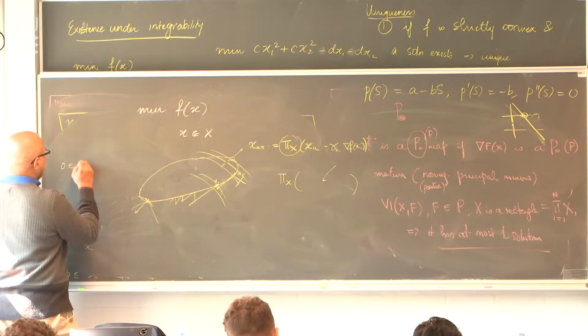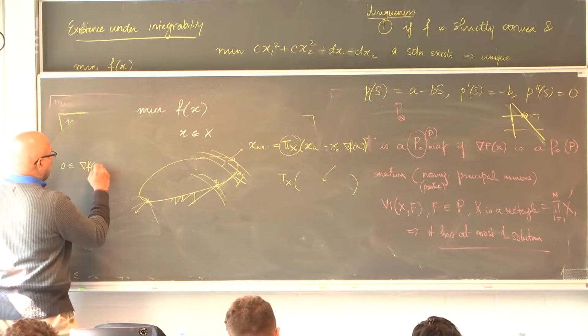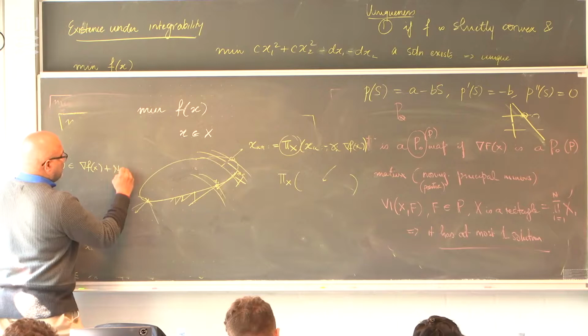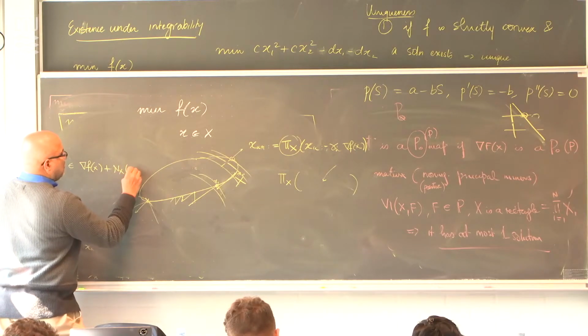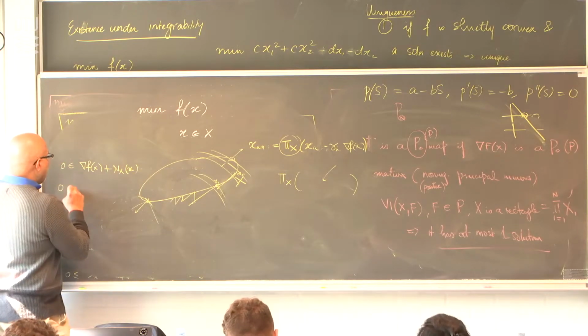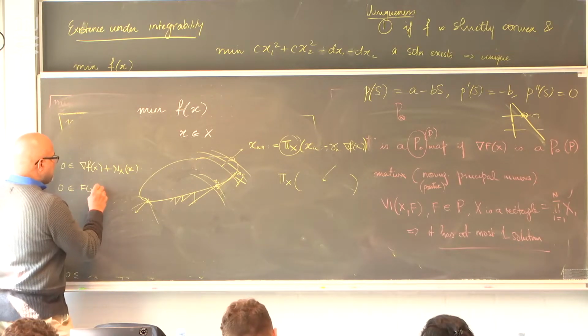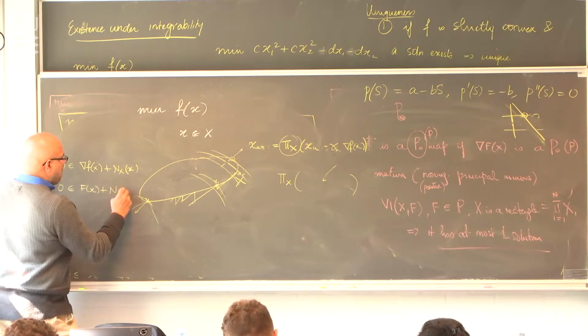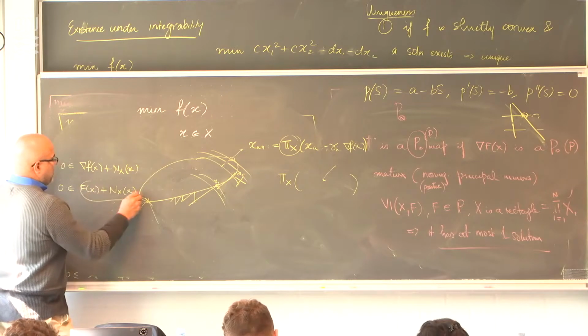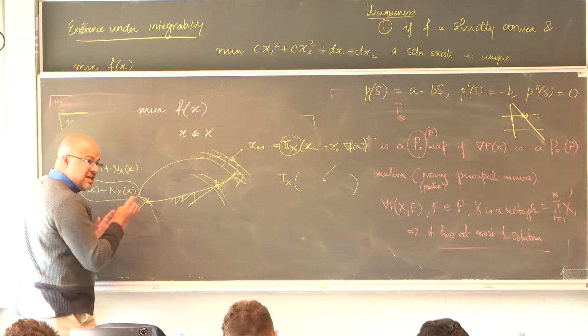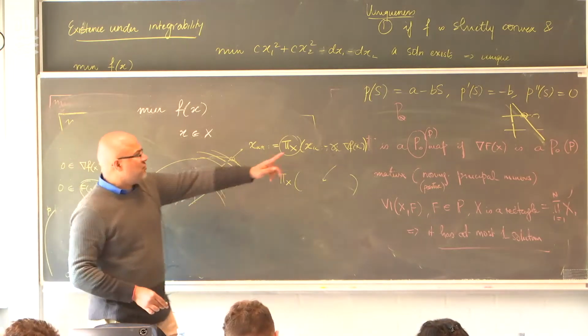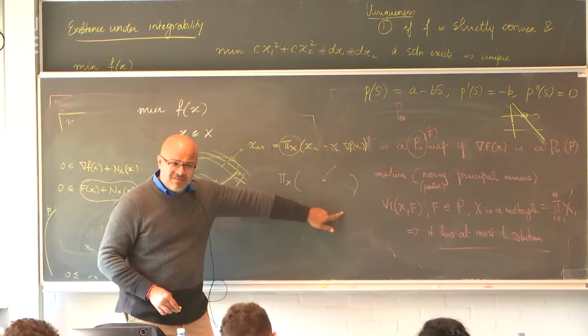So you need 0 in the normal cone. That's one way to look at it. Similarly, the VI is: I want an x such that it satisfies this equation. Same approach. The only thing is instead of using the gradient, you use the map.